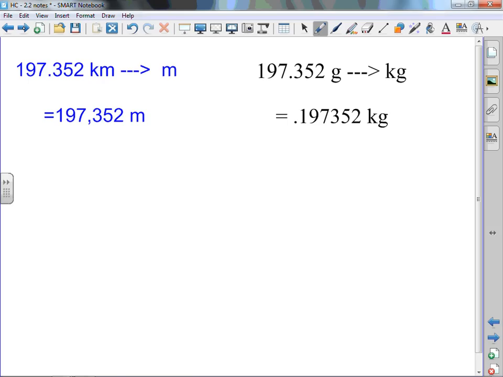Well, if we again imagine where we're at in our base units, we have our base unit where we would have meters. Kilo is the third prefix to the left. So we are at kilometers and we are going to meters.